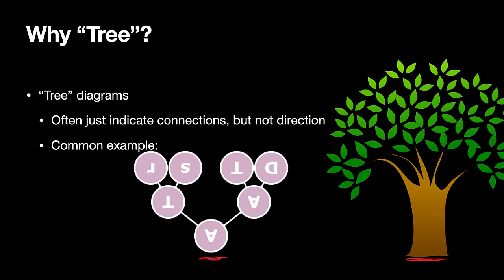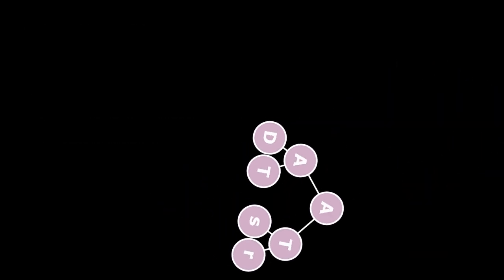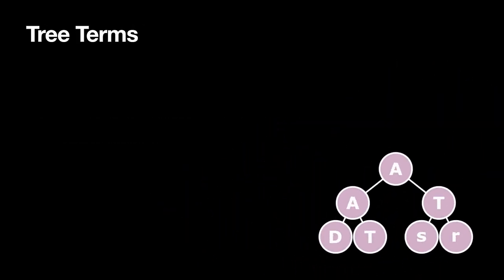So the tree, it's at the bottom at the roots. Just like a tree, there's this idea of branching out and spreading out. And in data structures, this is sometimes referred to as the branching factor, the amount of connections that an individual parent may have. Okay, so on that note, let's go ahead and talk about some other tree terms.